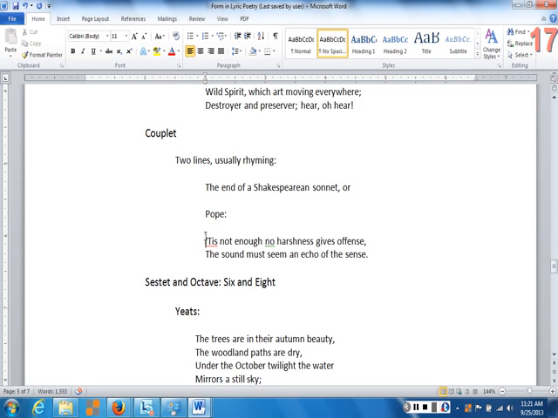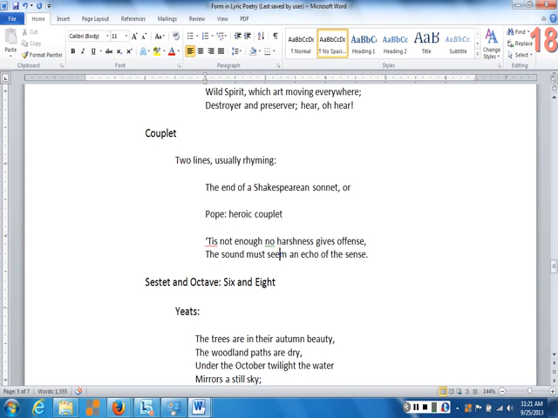Now, when the rhyming couplet is in iambic pentameter, remember that? It is called heroic couplet. Pope wrote virtually all of his poetry in heroic couplets. We'll be getting back to the heroic couplet toward the end of this lecture.